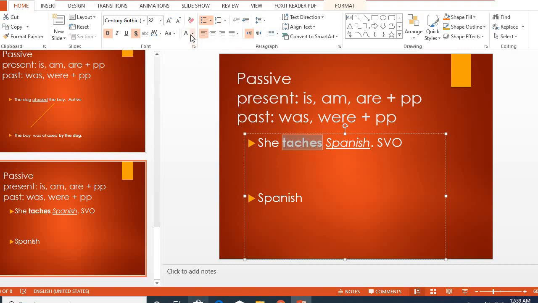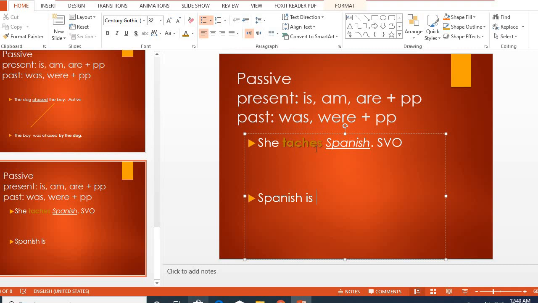The verb is teaches, right? Is it present or past? Of course, it is present. It finishes with S. What do we add? Do we say Spanish is, Spanish am, Spanish are? Definitely is. So Spanish is.